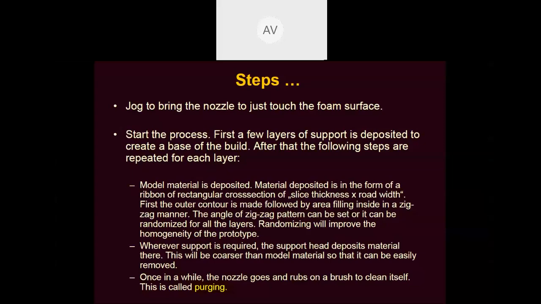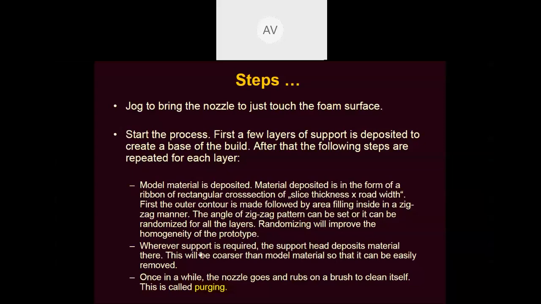The angle of the zigzag pattern can be set or it can be randomized. Randomizing will improve the homogeneity of the prototype. So the model material is pasted in a zigzag pattern. Some angle is set, so according to that we have to paste it. So it will maintain the homogeneity of the prototype.